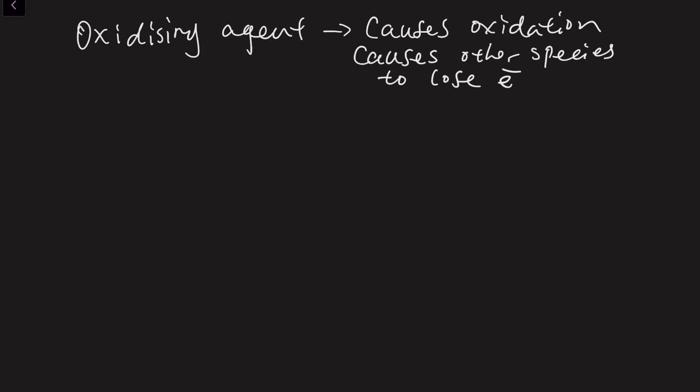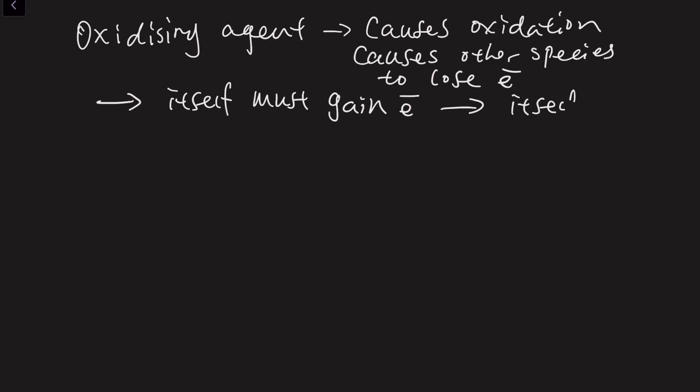And because we know that redox reaction is essentially a process of transferring electrons, if something causes other things to lose electrons, then itself must gain electrons. And gaining electrons by definition is reduction.